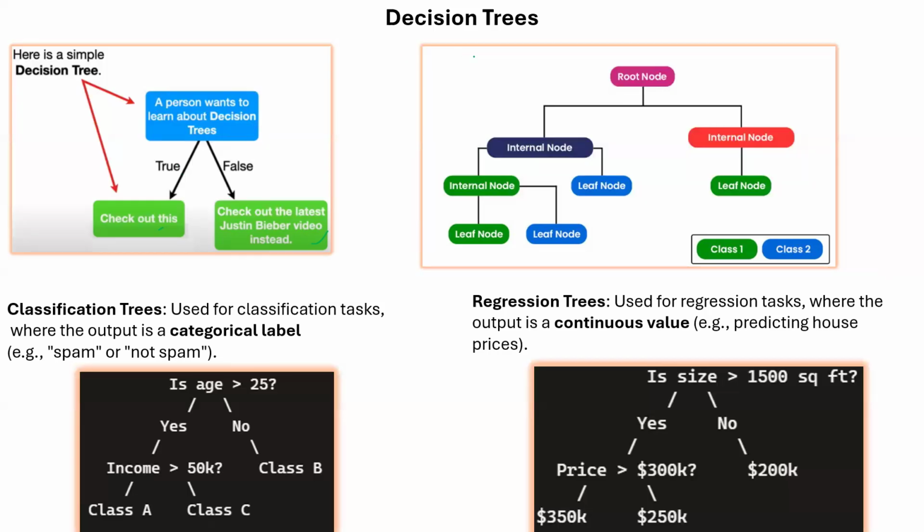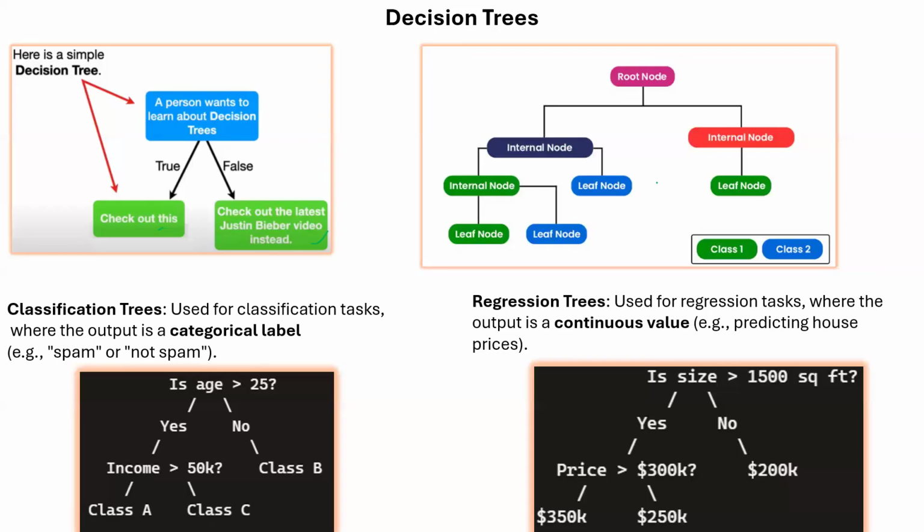A decision tree will have a root node. Below the root node you will have internal nodes. Every internal node that you see is a condition. All leaf nodes are the classified items, or the classes.